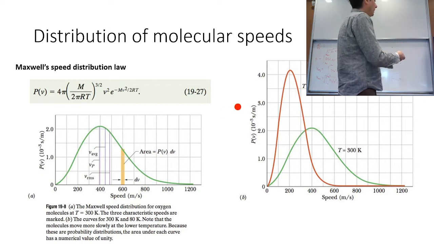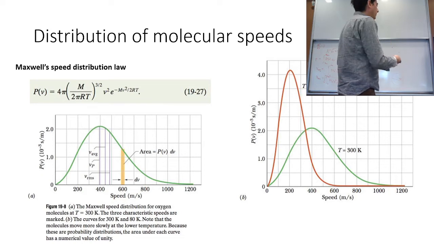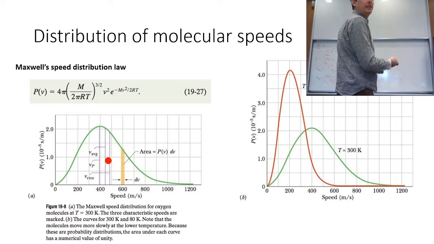It will be anywhere in this range, randomly, and this will be the probability of that. So if you pick 10 atoms, then what you're probably going to find is most of them are around, in this case, say 400 meters per second, right?